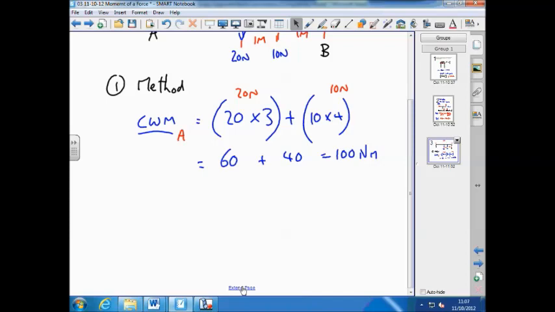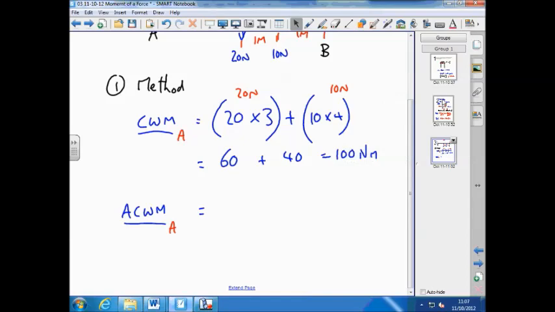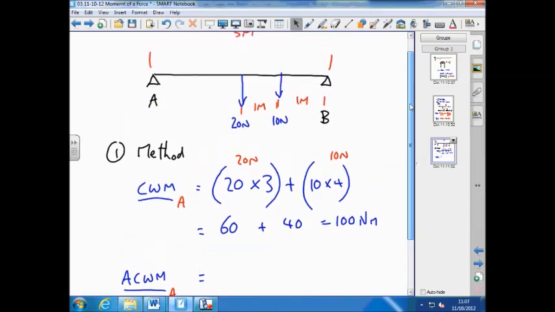And then we find the anti-clockwise moments about A. So anti-clockwise moments about A equal, if I just look at this one, because we'll look at this together. What's the anti-clockwise moment about A?